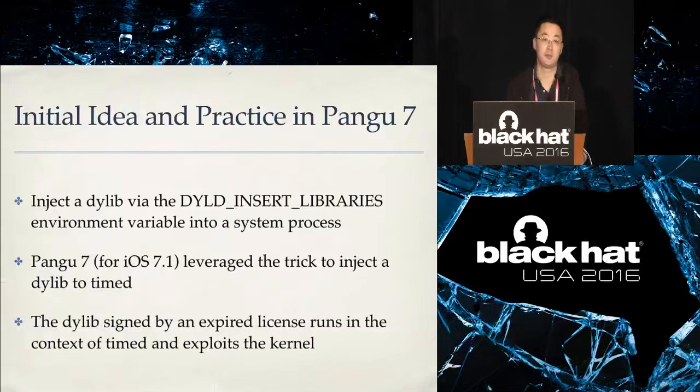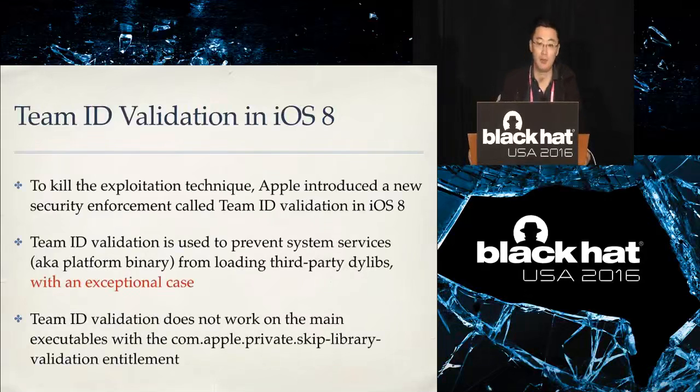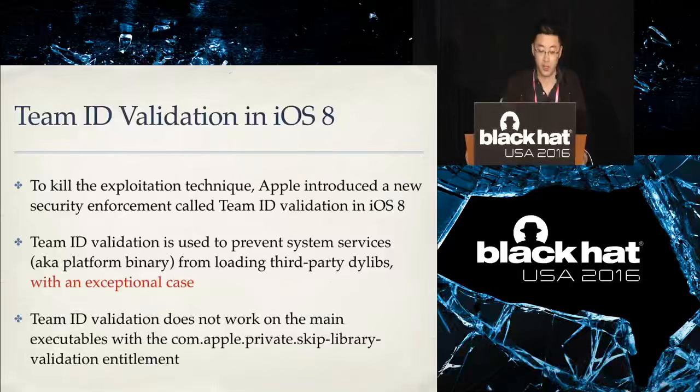So it seems very easy, right? But since iOS 8, Apple made a big change. To kill this kind of exploitation technique, Apple introduced a new security enforcement called TeamID validation. Basically, TeamID validation's idea is this. When you load a library, the kernel will check who created the library. There is an ID information embedded in the library which is not changeable.